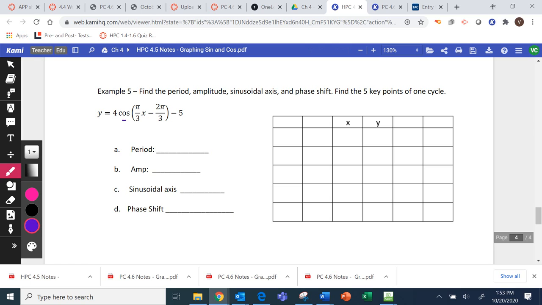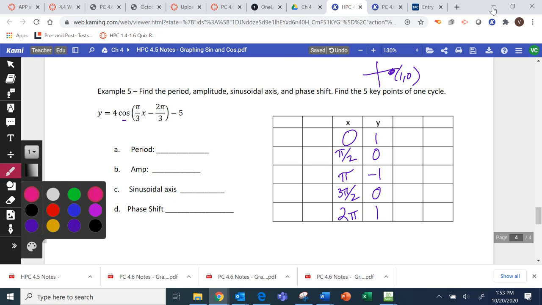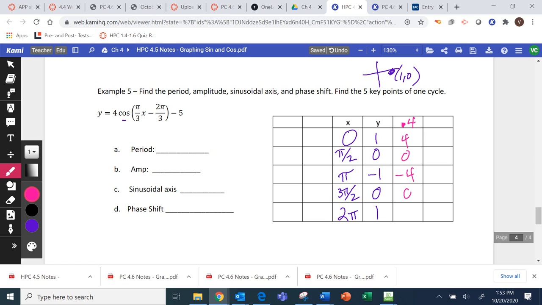We notice this is a cosine, so that will be cosine starts at 1, 0, negative 1, 0, 1. We have a 4 in front, so multiply the y's by 4. We have a minus 5 at the end, so subtract 5 from the y's.